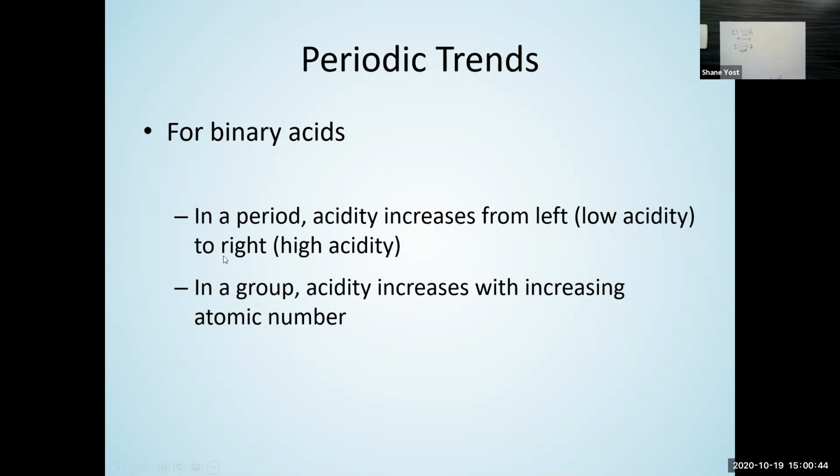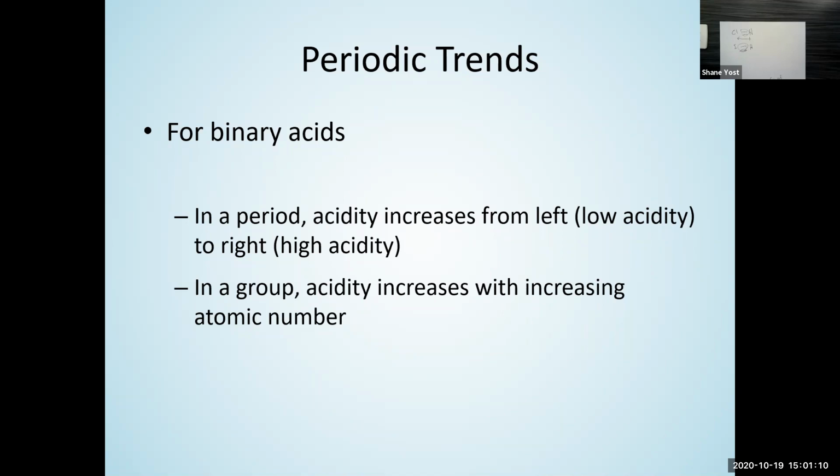So I have a picture of the periodic table here. But again, as you go to the right and down the periodic table, these binary acids, which again are just hydrogen with some other element, HF, HCl, HBr, HI, H2S, H2O, H3N, all these are binary acids.